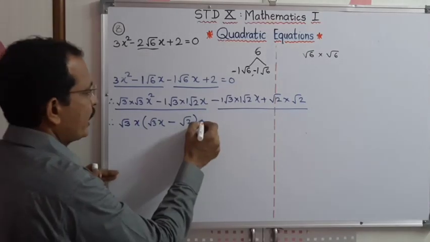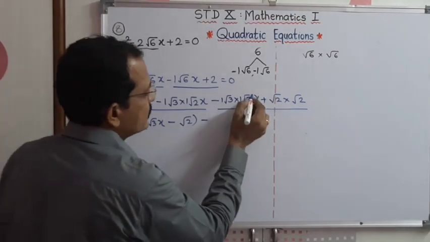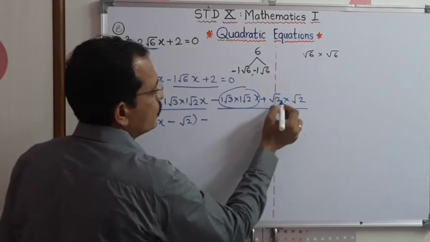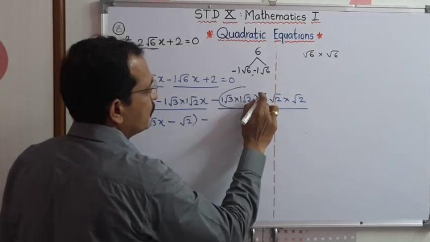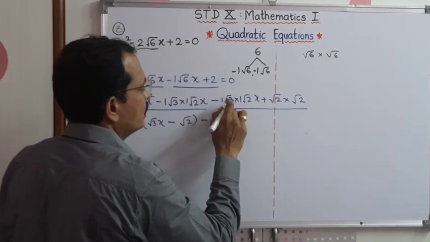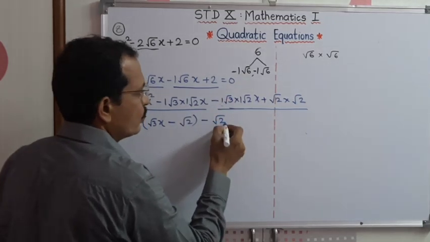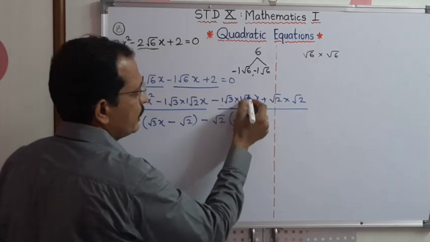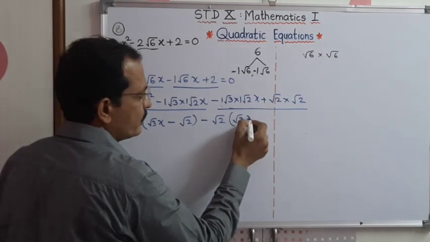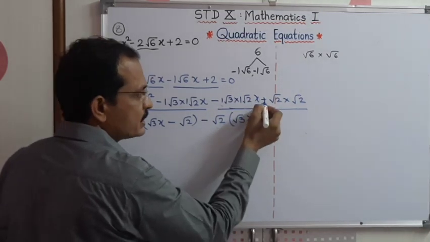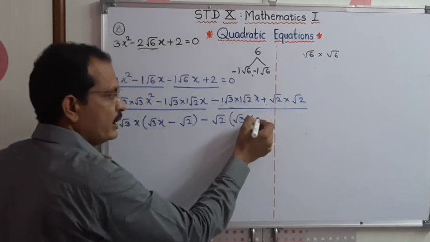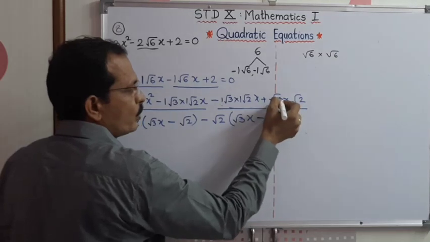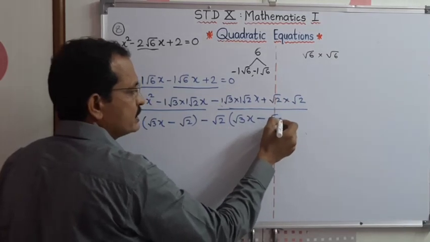Now minus from this and from this, root 2 is common, therefore we take out root 2 as common. Then this root 3, this root 2 we take out common, therefore it is x. This plus sign will get changed to minus because of this minus sign. And from this we take out root 2 common, therefore 1 root 2 is there.